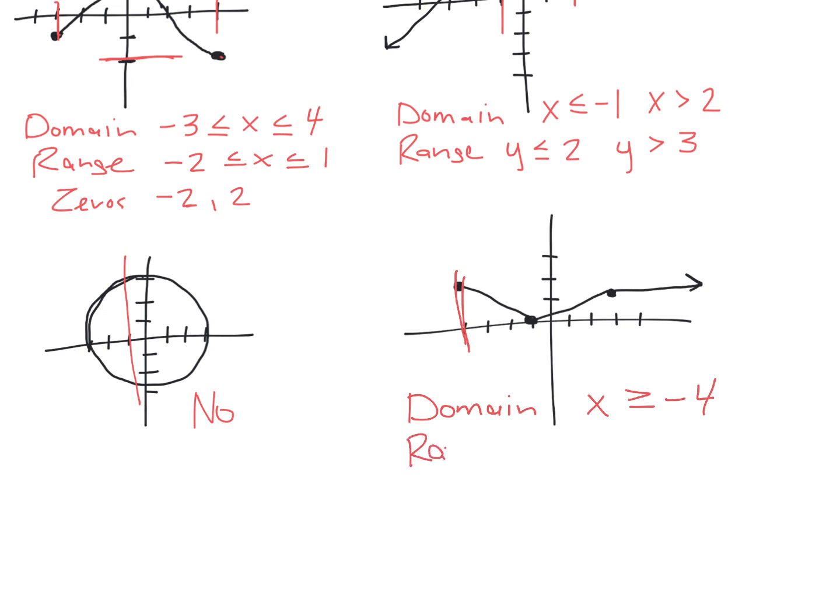And then the range, you can see that the entire graph is going to be between 0 and a positive 2 on the y-axis. So it's a tweener between 0 and 2. We got closed dots, so we'd have equal to. This one has a 0 of negative 1.